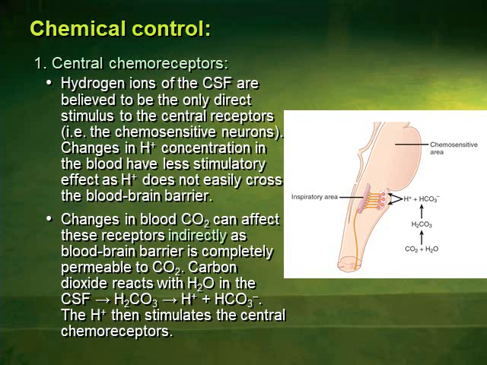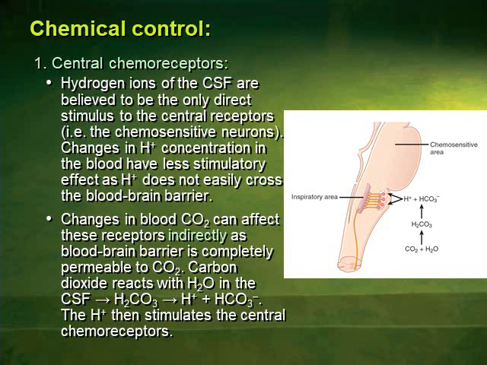Changes in the hydrogen ion concentration in the blood have less stimulatory effect, as hydrogen ion does not easily cross the blood-brain barrier. What this point means is that the hydrogen ion that stimulates the central chemoreceptors is produced locally in the CSF. It is not from the hydrogen ion in the peripheral circulation.